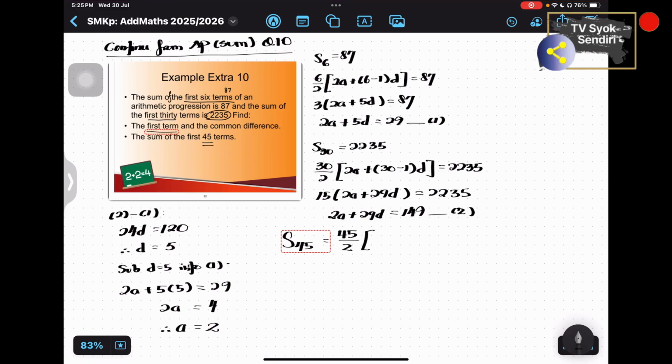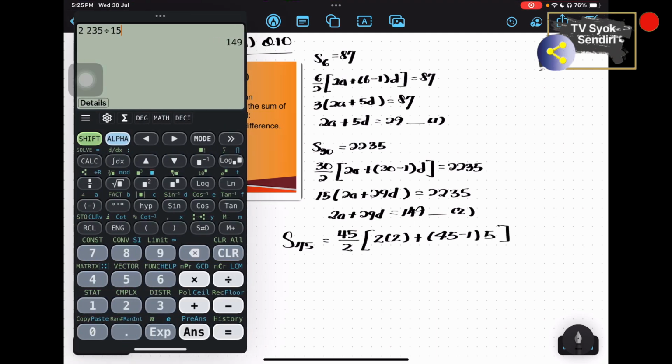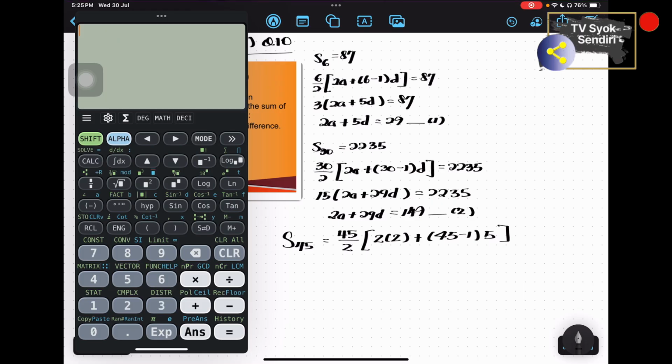So we have 45 divided by 2, putting the bracket, 2a, and then plus n minus 1, multiplied by the d, close it. Now the next thing you need to do is just press into your calculator. So we have 22.5. 45 divided by 2 is how I get my 22.5.